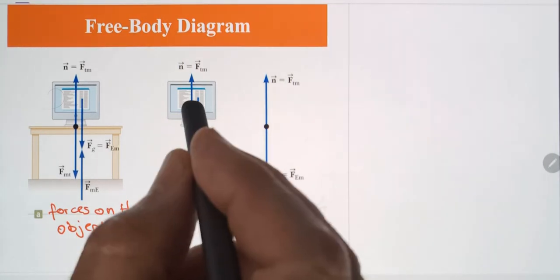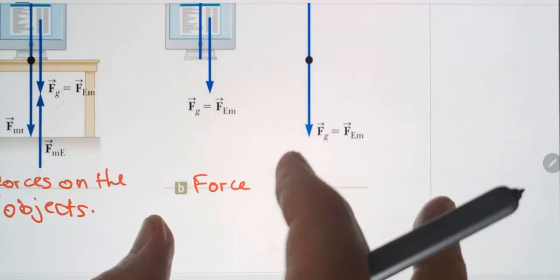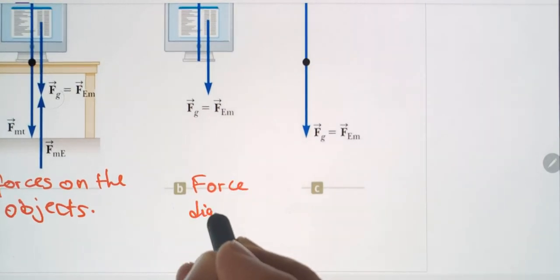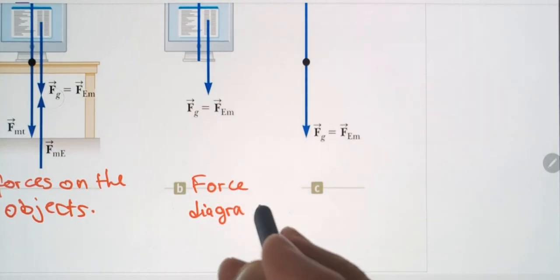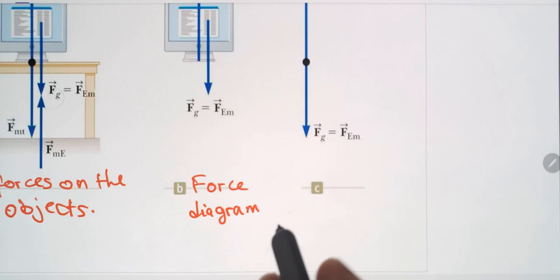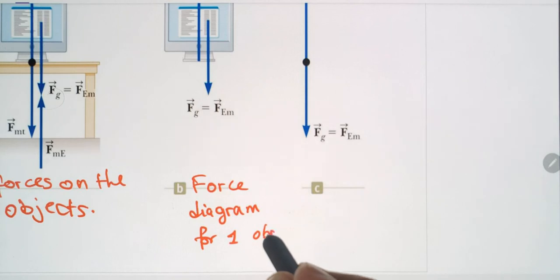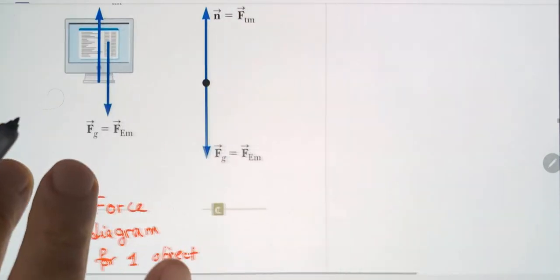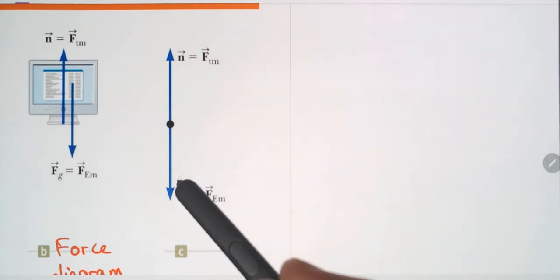And this one, we call it force diagram for one object. And this one, and this is important, I saw so many Physics 1 exams. In the problem, he will ask you to draw the free body diagram. We call it free body diagram.